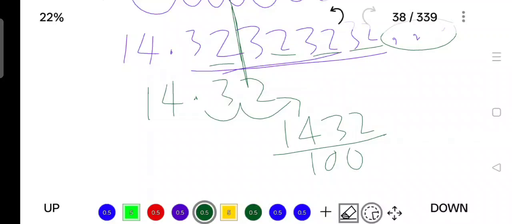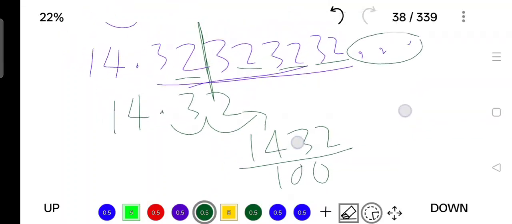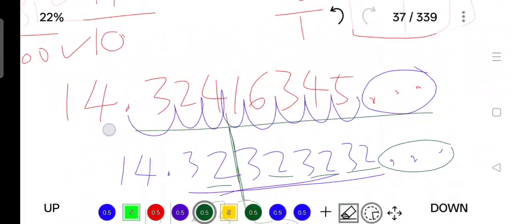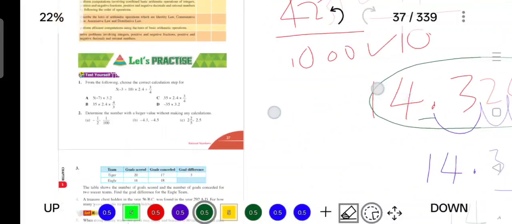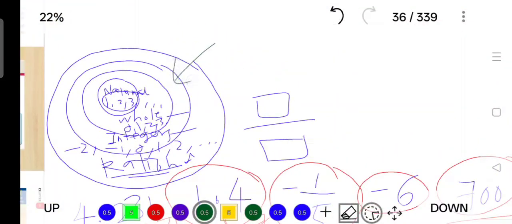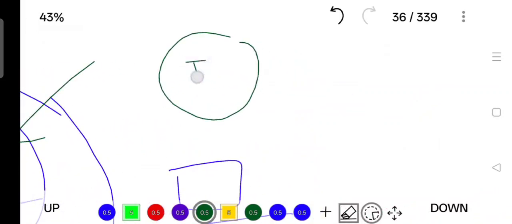It looks like a fraction, so this is a rational number too. So you should know which one you can convert and which one you can't. Like this one, it will go not in these circles but in the outer circle, and we name it an irrational number.